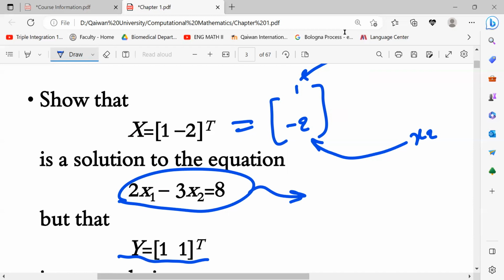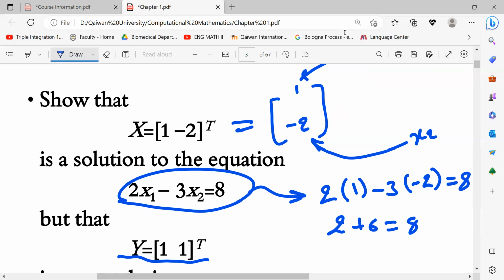If not, we say it's not a solution. Let's check. It's 2 times x1, which is 1, minus 3 times x2, which is -2. It must be 8. 2 times 1 is 2, minus 3 times -2 is plus 6. So 8 is equal to 8.